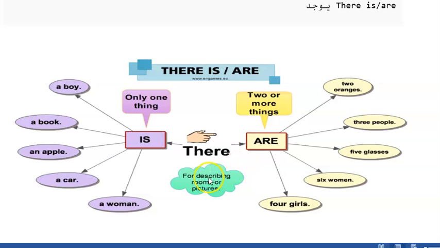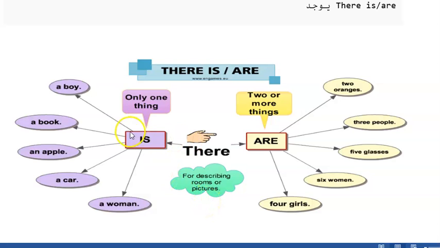Now at the bottom they have a little cloud here saying we use there is, there are for describing rooms or pictures. Not always. However, today that's what we will be using there is and there are for.